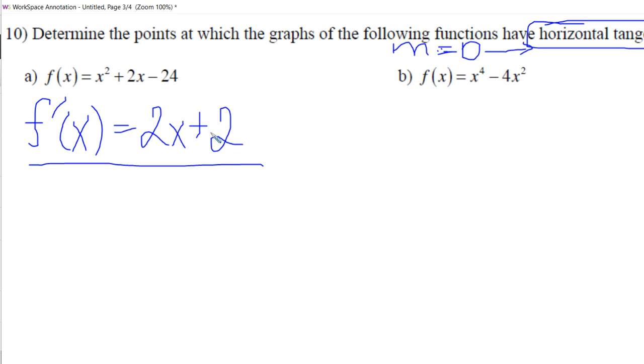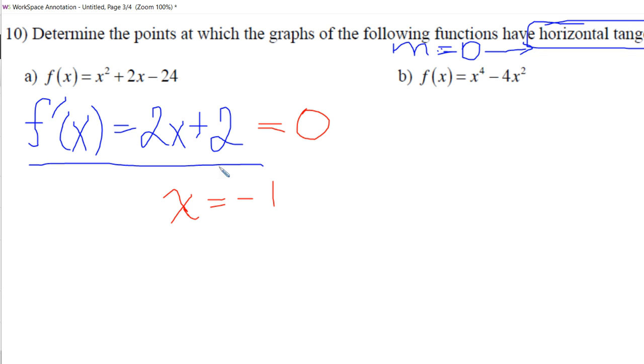However, we want the slope to be 0, and we want to know at what x this happens. So we set this equal to 0, which means that our x will equal -1. So at x equals -1, we're going to have the horizontal tangent.